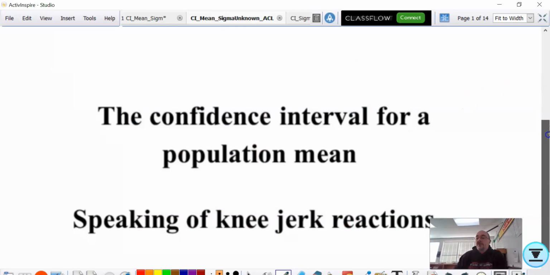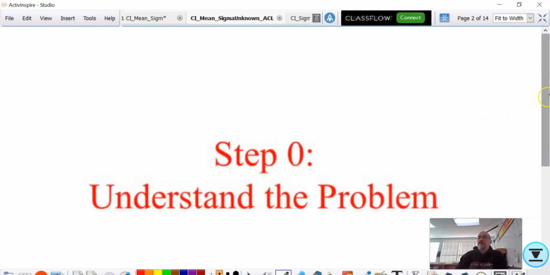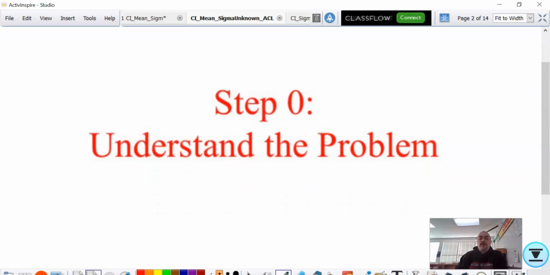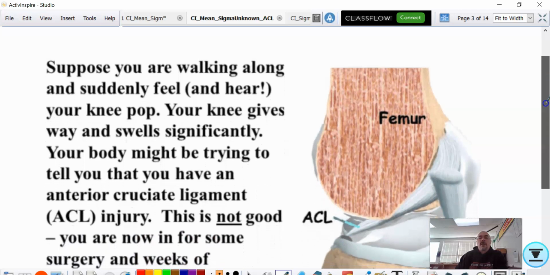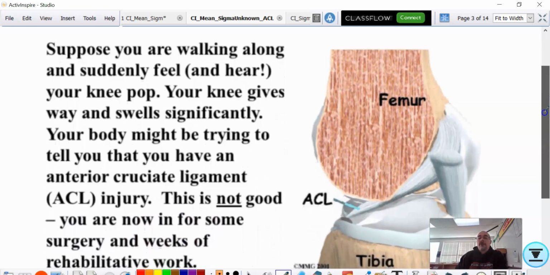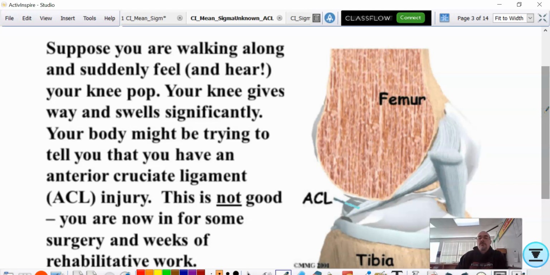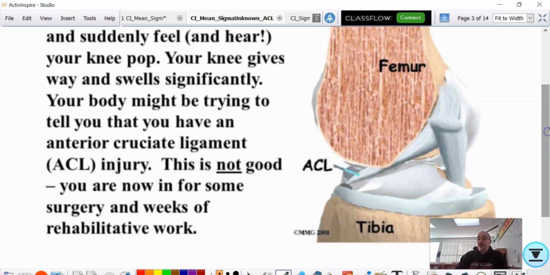All right, so this is dealing with medicine. Speaking of knee-jerk reactions. Okay, step 0, understand the problem. So here's our problem. Suppose you are walking along and suddenly feel and hear your knee pop. Your knee gives way and swells significantly. Your body might be trying to tell you that you have an anterior cruciate, I can't even say it, ligament, okay, ACL injury.